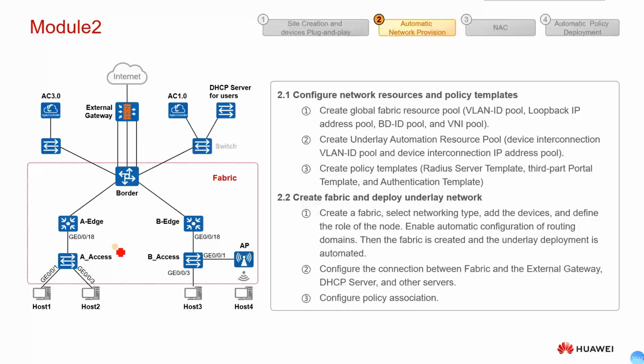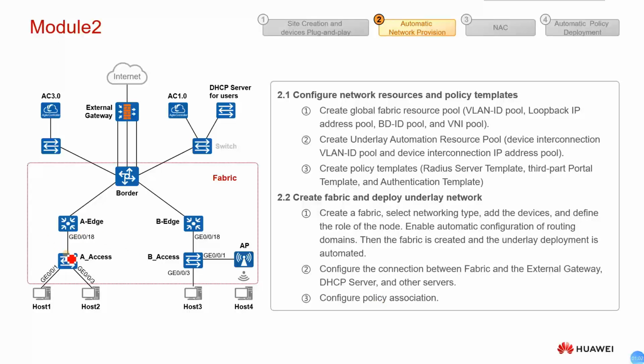After we deploy the policy association, we will establish a CAPWAP tunnel between A edge and A access. The policy association function is based on the CAPWAP tunnel.